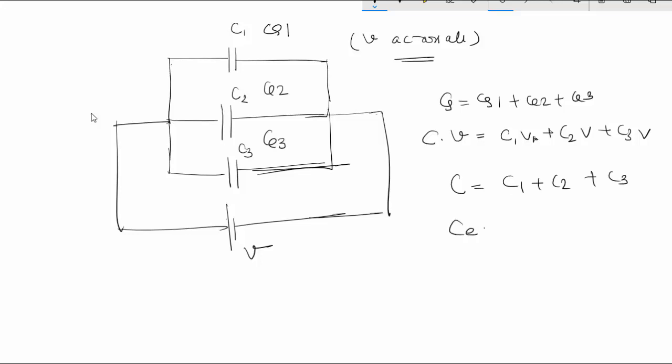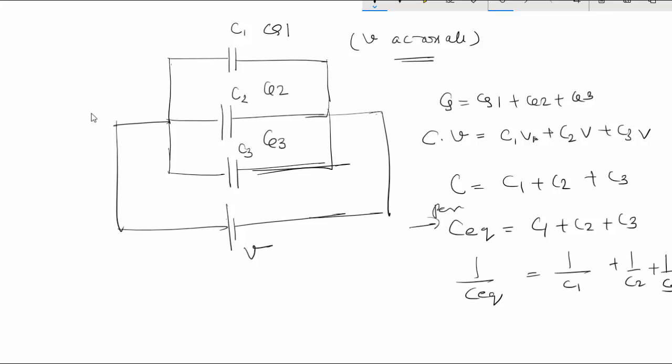So C equivalent will be equal to C1 plus C2 plus C3, while 1 upon C equivalent was equal to 1 upon C1 plus 1 upon C2 plus 1 upon C3. This was in case of parallel, and this was in case of series for capacitance. So that's all about capacitance in series and parallel.